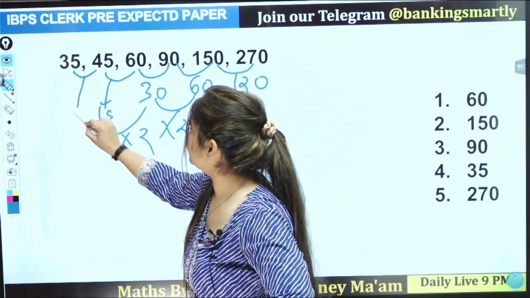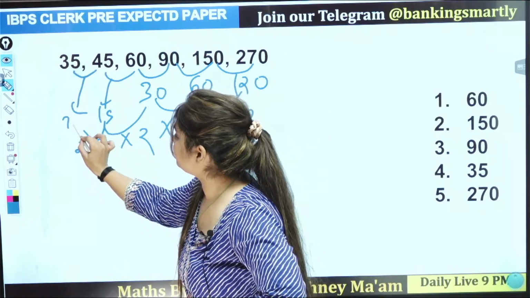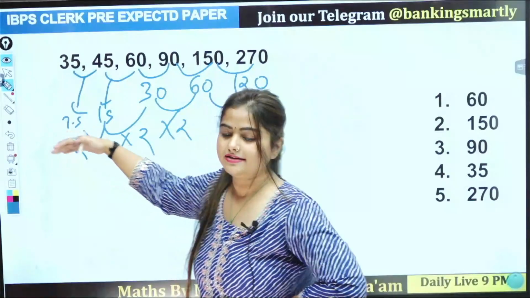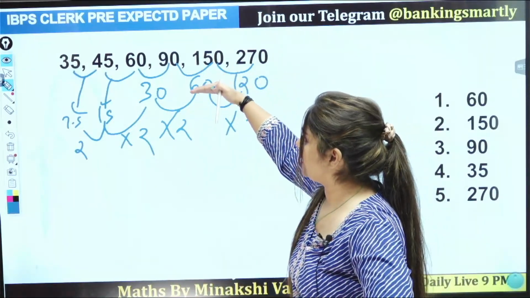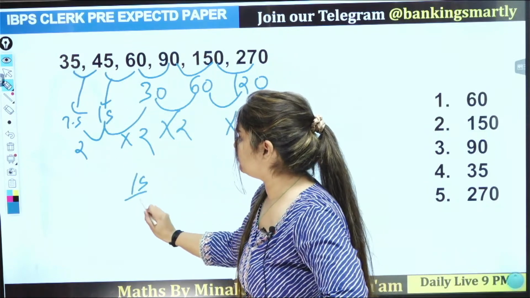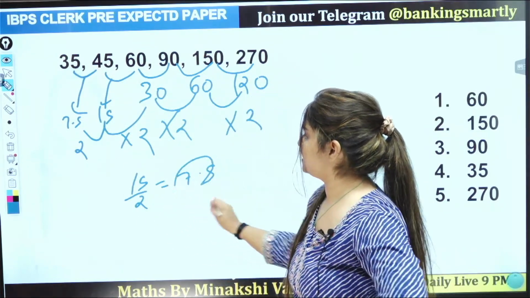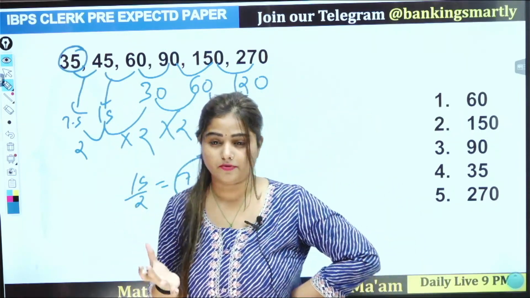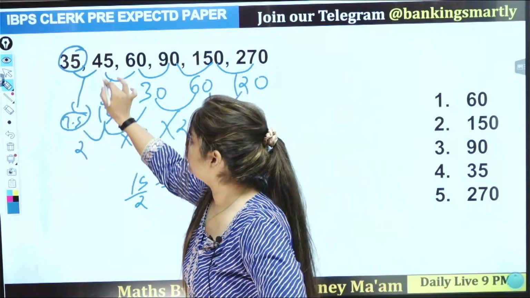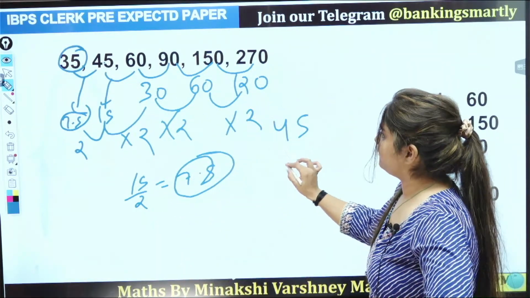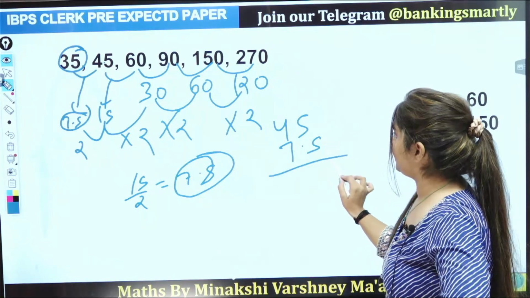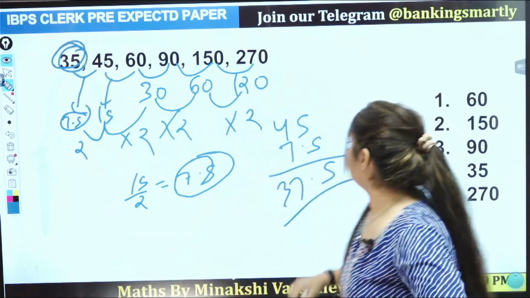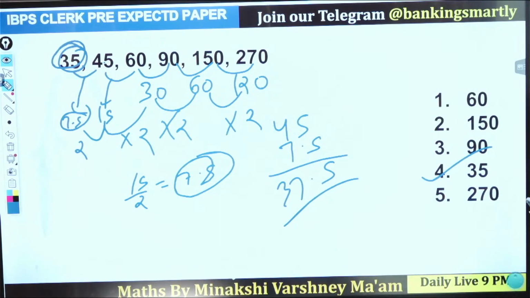So this one should be 15, that means 7.5 times 2 is 15. Going backwards, we have to divide 120 by 2, by 2, by 2. So we have to add or subtract 7.5: when we subtract 7.5 from 45, we get 37.5. That means 35 is wrong. Option number 4 is correct. Clear?